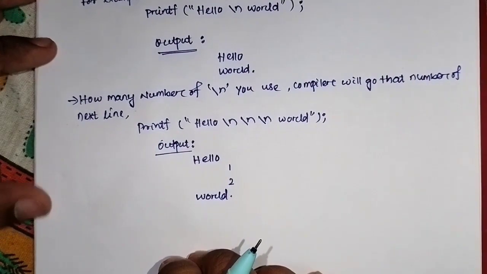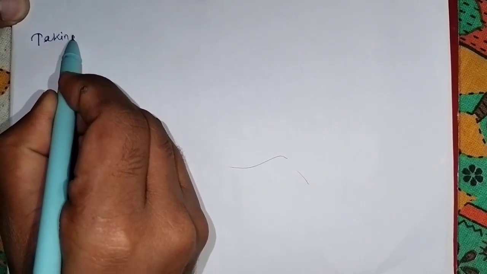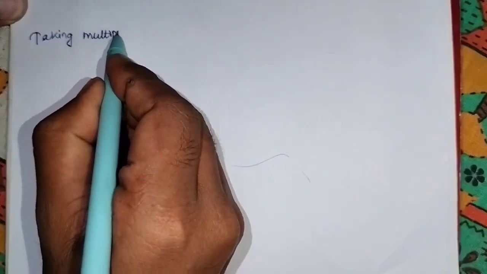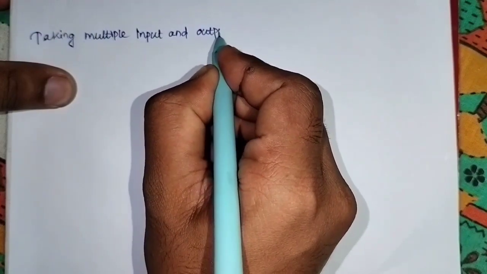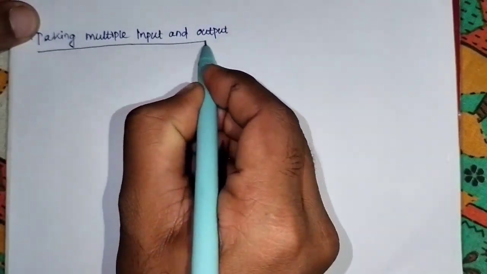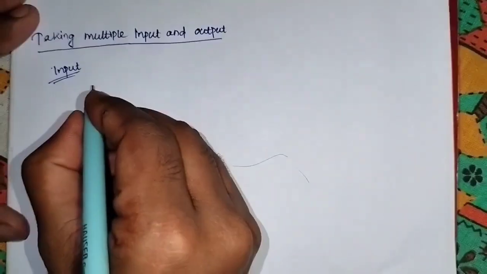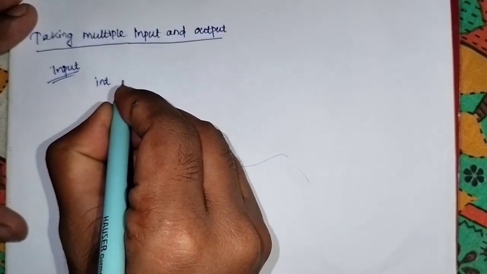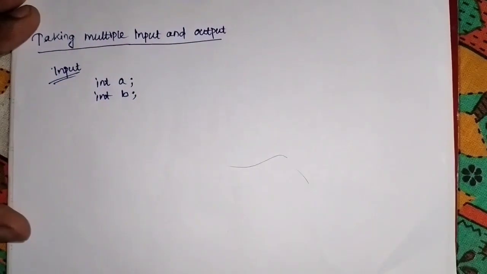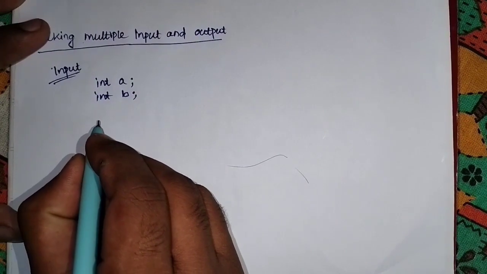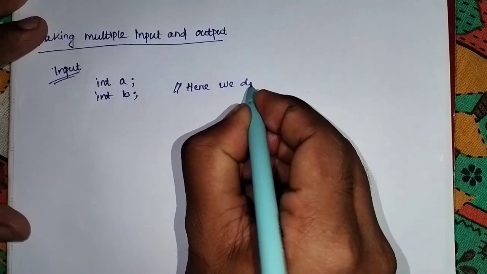Okay, so now let's go to the next topic, that is taking multiple inputs and outputs. For taking multiple inputs, let's declare int a and int b first. I have already told that to take input we use the scanf statement.